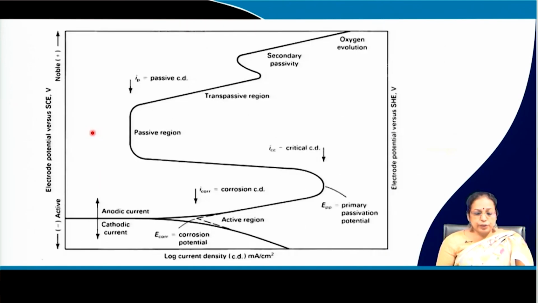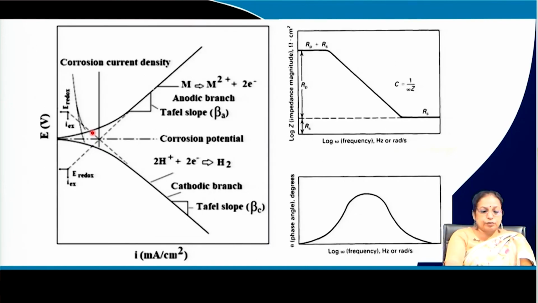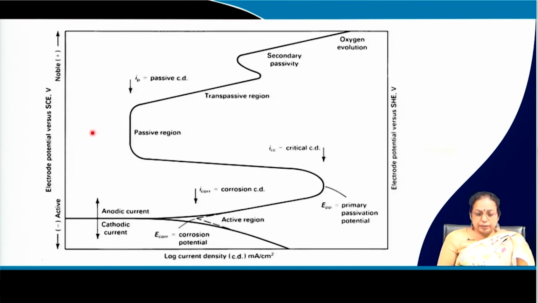So, now if you quickly go through the active metal, the metal which does not undergo any passivation, there you get this kind of behavior, and here what happens is that corrosion current goes on increasing with increase in applied voltage.